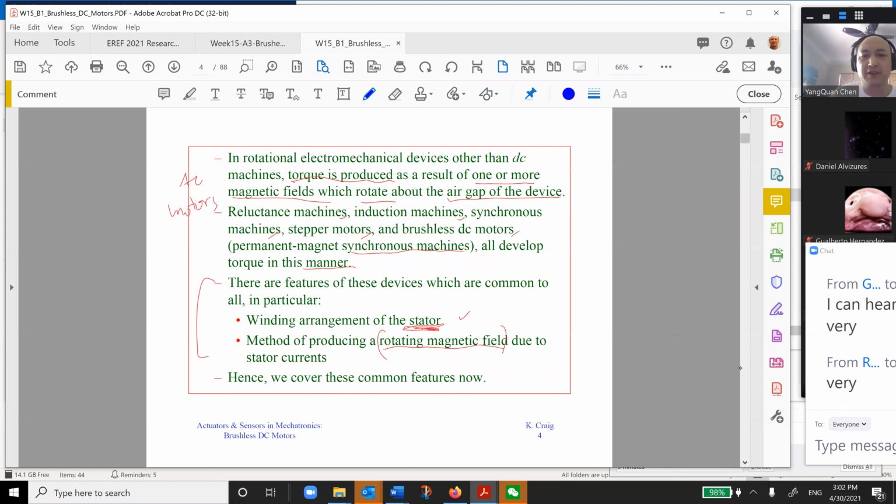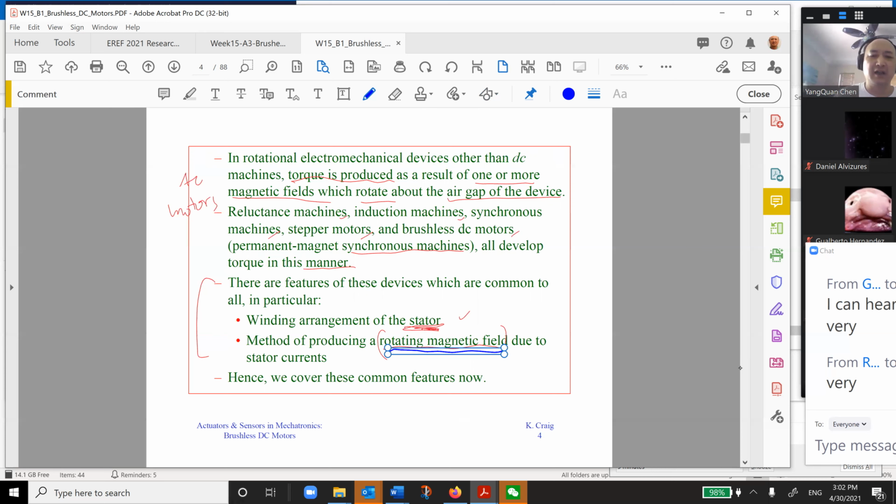Now we are not talking about DC anymore. If we don't talk about DC, in these devices the winding arrangement of the stator is changing, it's not constant. We also switch the current in such a way that we can produce a rotating magnetic field.